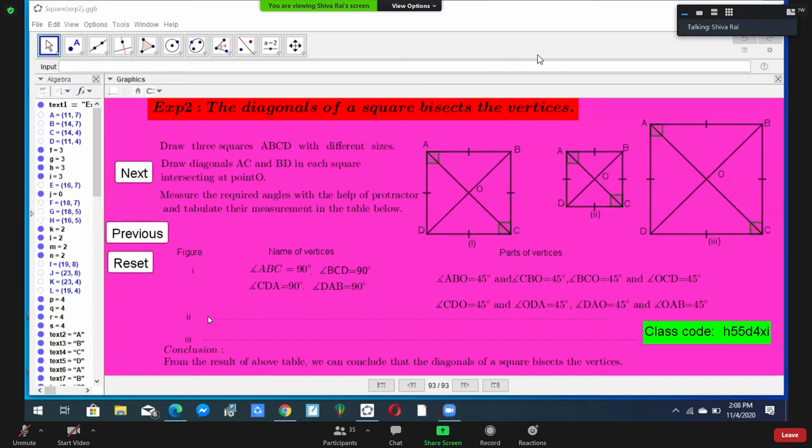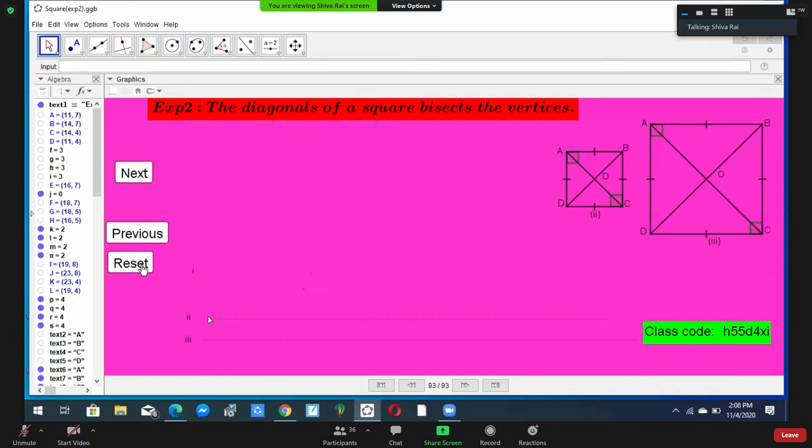You look here. We are going to verify the diagonals of a square bisect the vertices. Everyone get ready here. Have you seen anything on the screen? Yes, sir. 2 squares. Only 2 squares, yeah?